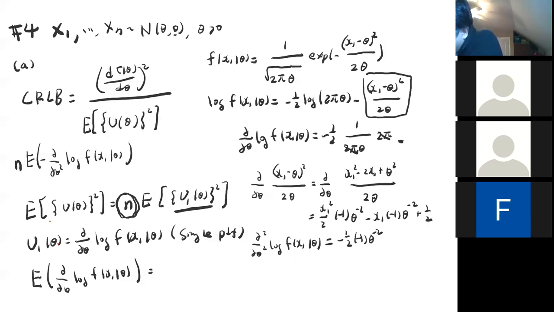Then minus half x1 squared, then minus 2 theta minus 3, I think. Then plus x1 minus 2 theta minus 3.